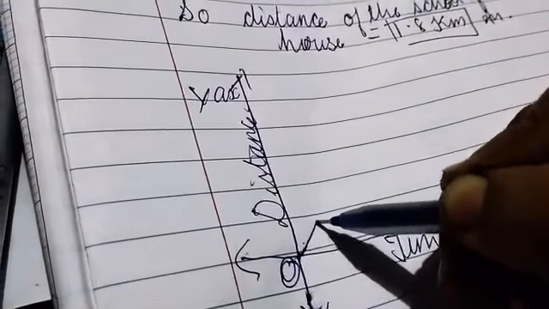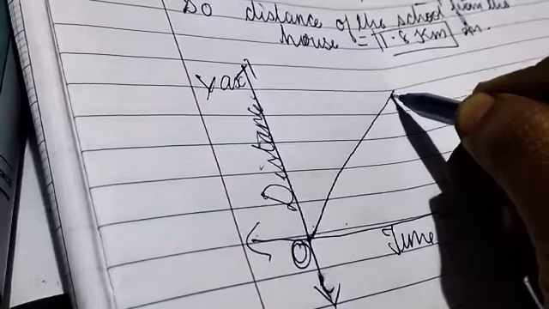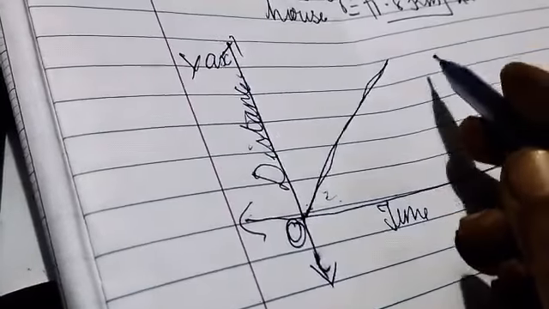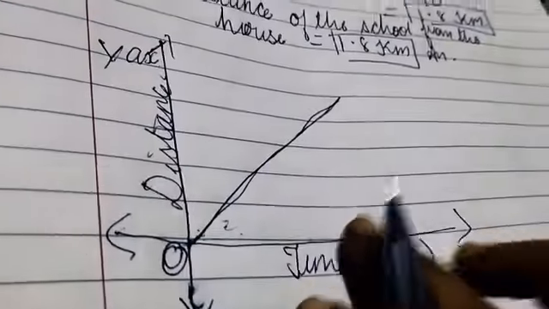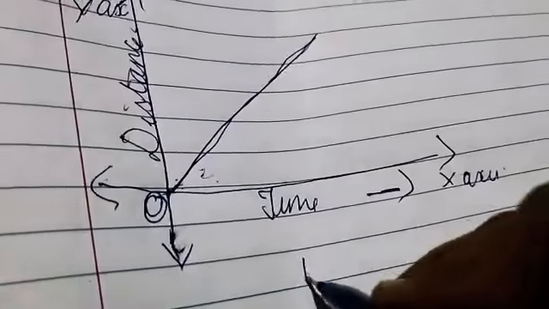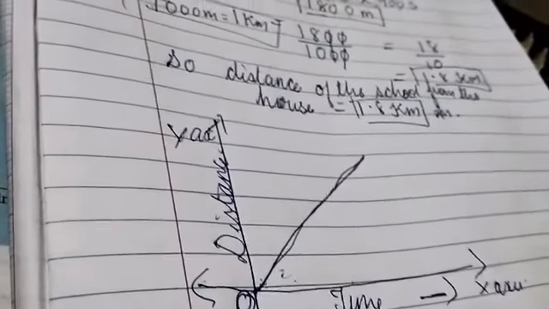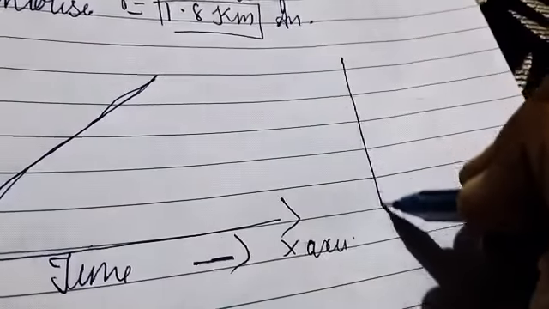If the car is moving at a constant rate, the graph will move in this way. I am not using the scale, but you use a scale and make a constant straight line. Okay? This is for your understanding. Second is a car parked on the side of the road. For that also make a graph this way.